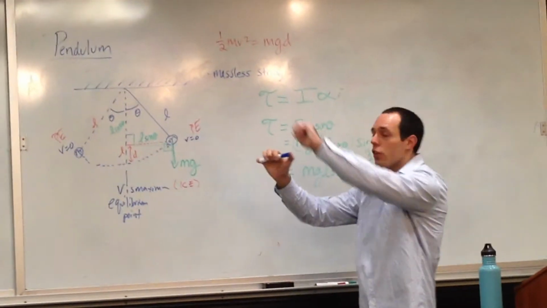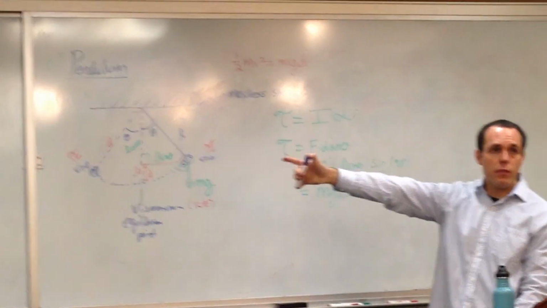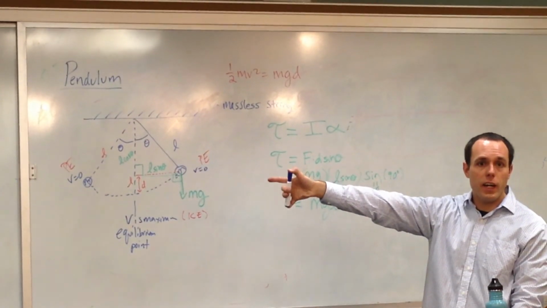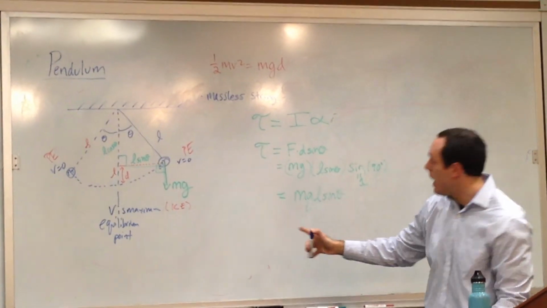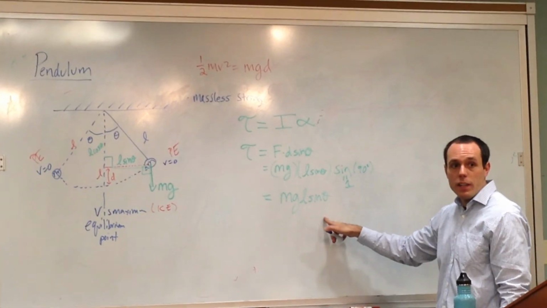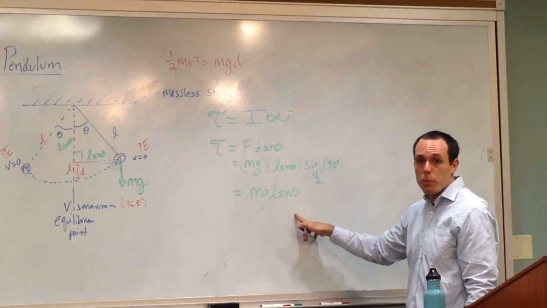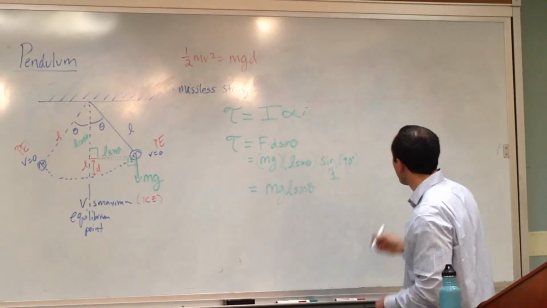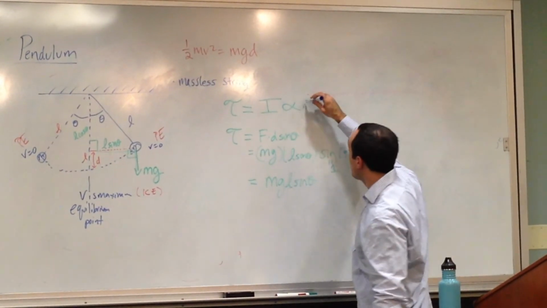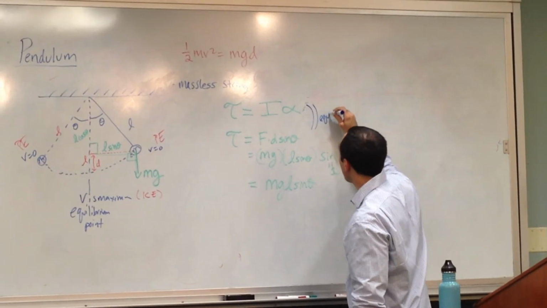And with this now, just as I did before, the specific force on a spring, Hooke's law, negative kx is equal to ma. Now I'm going to say the specific torque on this mass that's connected via length L to a pivot point is mgL sine theta. So I'm just going to set these two equal to each other.